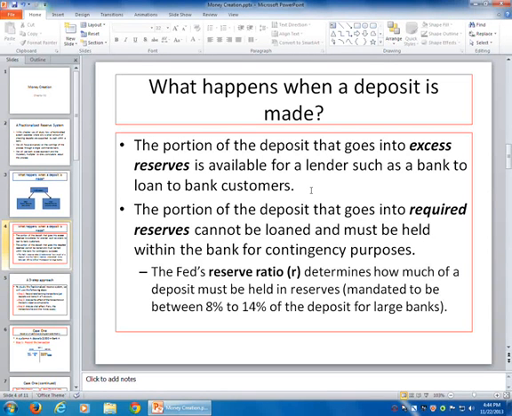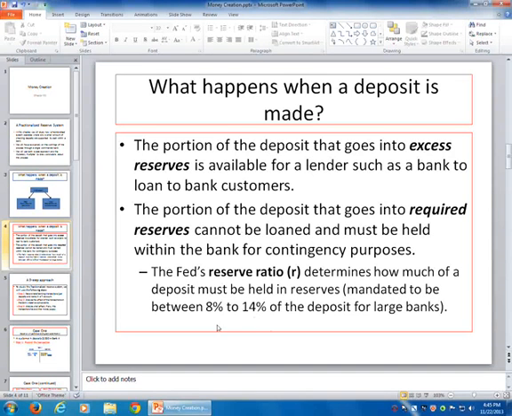How much of a deposit the banks are required to hold is governed by something called the reserve ratio, which is put in place by the Federal Reserve. It's simply a percentage of the deposit that banks must hold on reserve that they cannot loan out. The reserve ratio ranges from as low as 8% of a deposit to 14%.